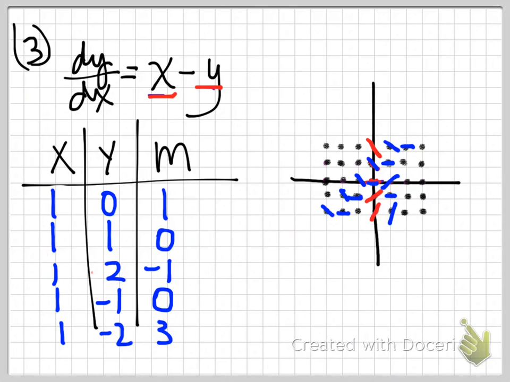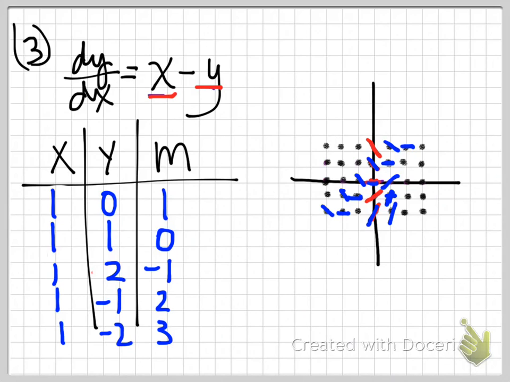Alright, so I have a mistake here. 1 and negative 1 is going to be 2. That makes a lot more sense to me. And I believe that's what this slope was too, so I think we're again going to have a diagonal situation.